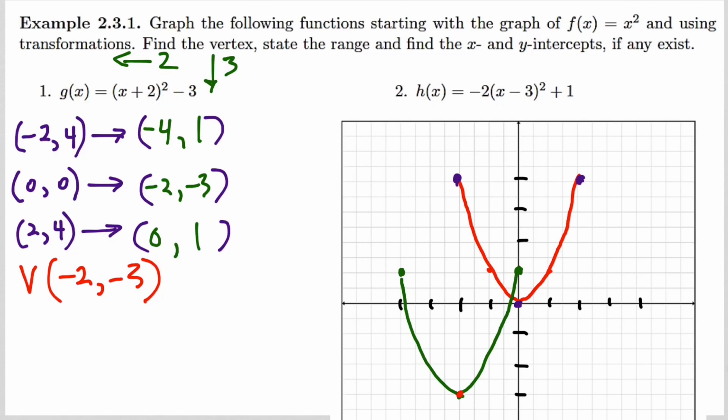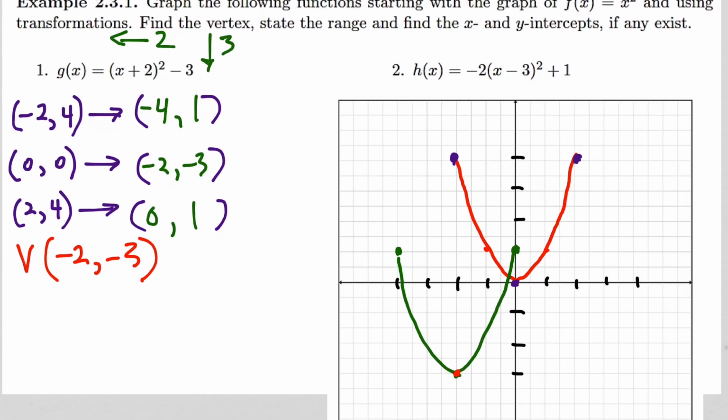Next, we're going to state the range of the function. So the range is the y-coordinates. So everything above the lowest point on our graph will lie on our curve. So -3 is the lowest point.